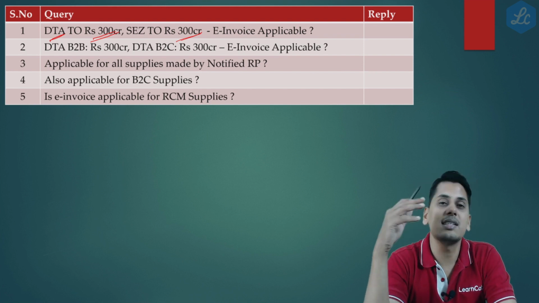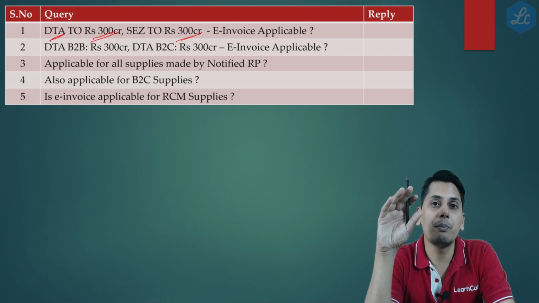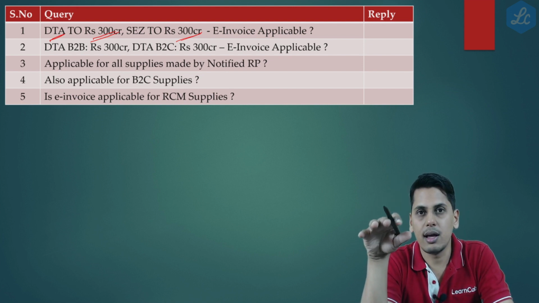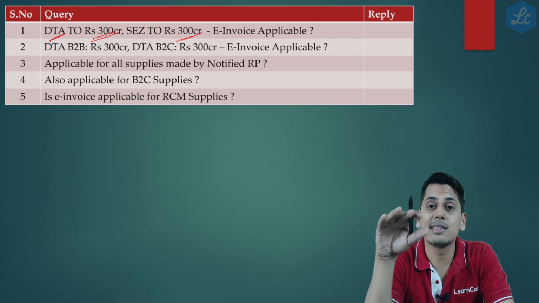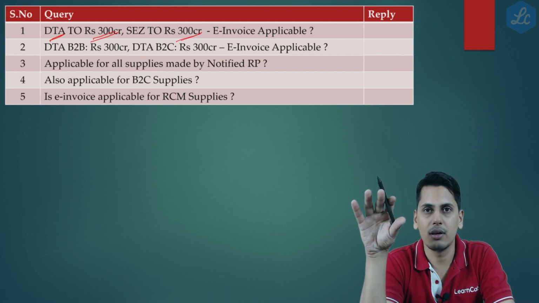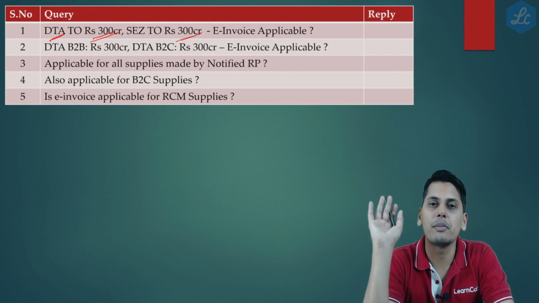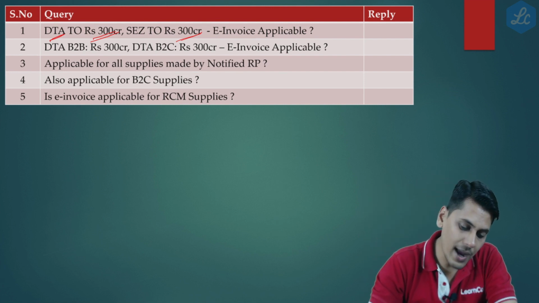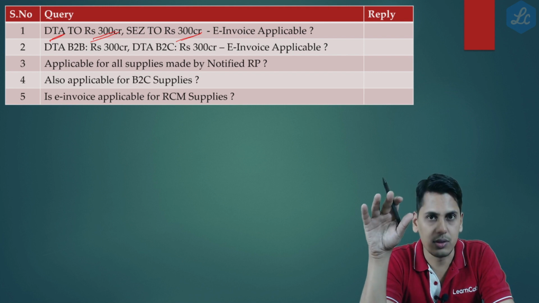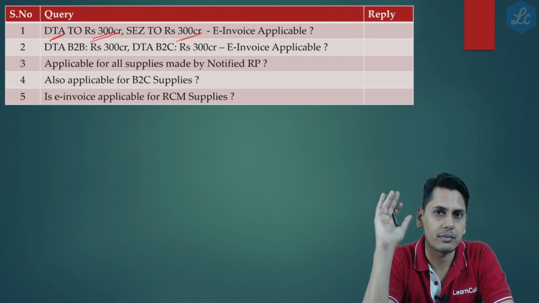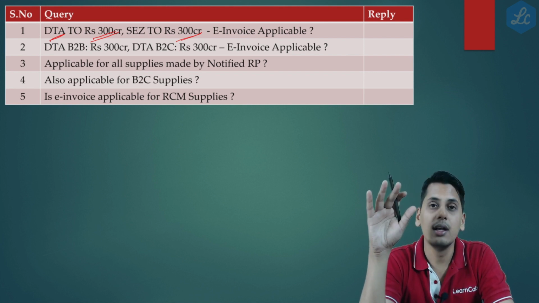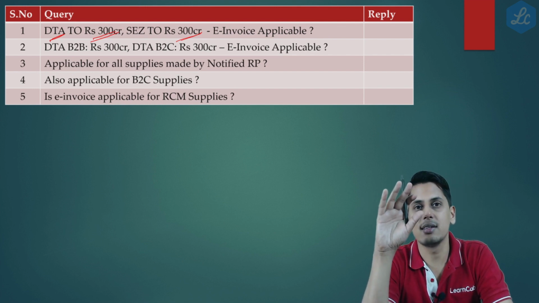Now friends, please understand, for the purpose of applicability of e-invoice, I need to check what is the aggregate turnover. Aggregate turnover is nothing but your PAN-based turnover. So in this case, the PAN-based turnover happens to be 600 crores, which is exceeding the threshold. Should e-invoice be prepared? The answer is yes.